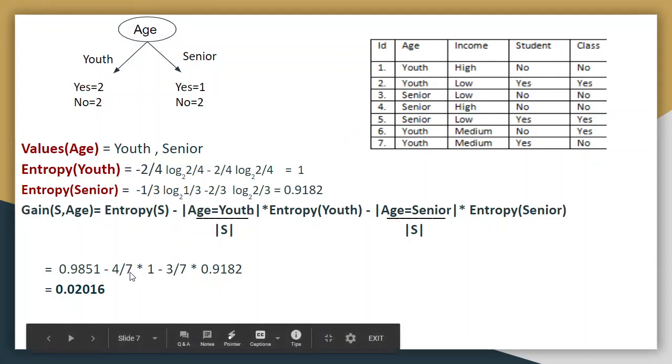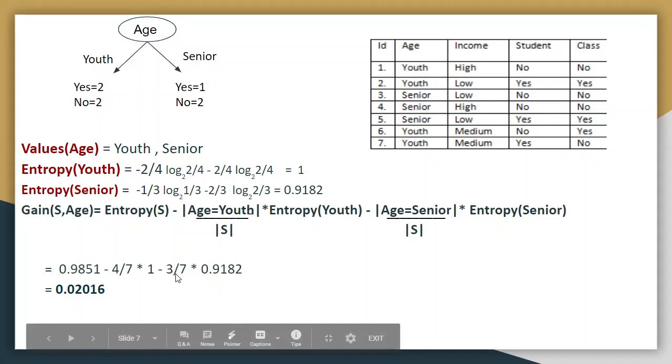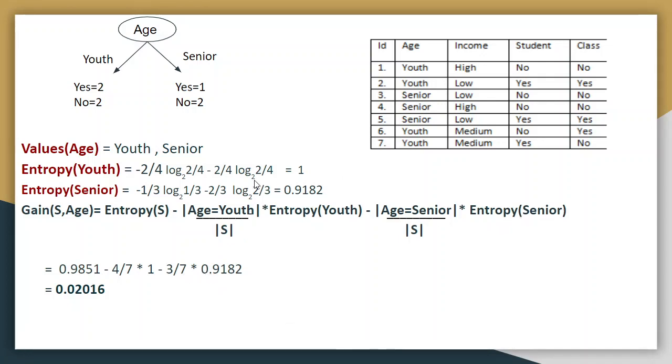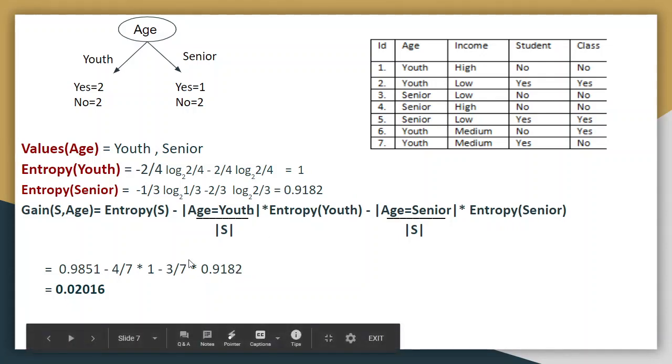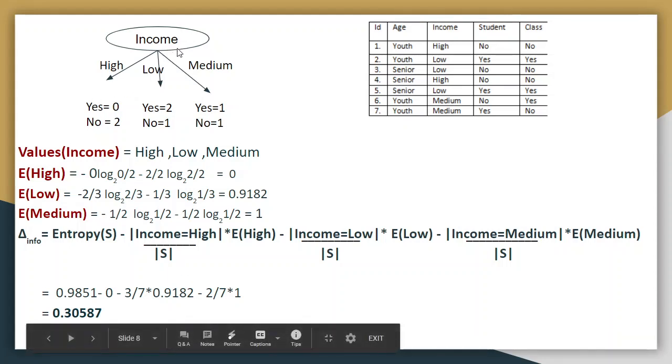The total number of records is 7, multiplied by the entropy of youth, which is 1, minus the number of records where age is senior, which is 3, and the total number of records is 7, into the entropy of senior. After calculating this, we got 0.02016.